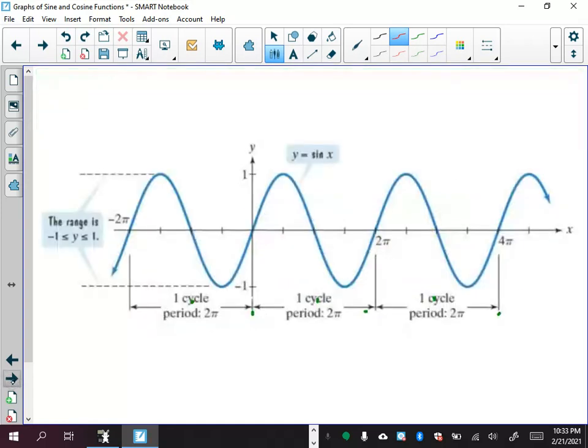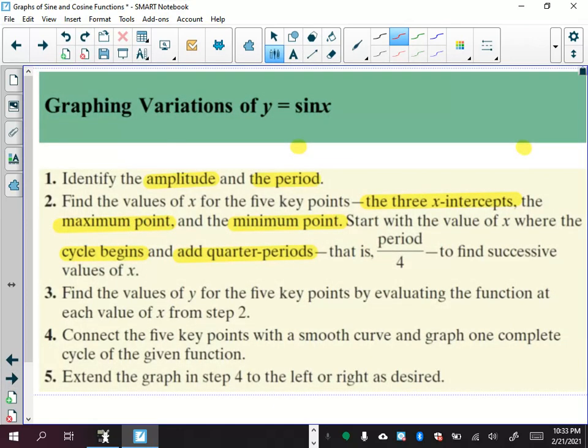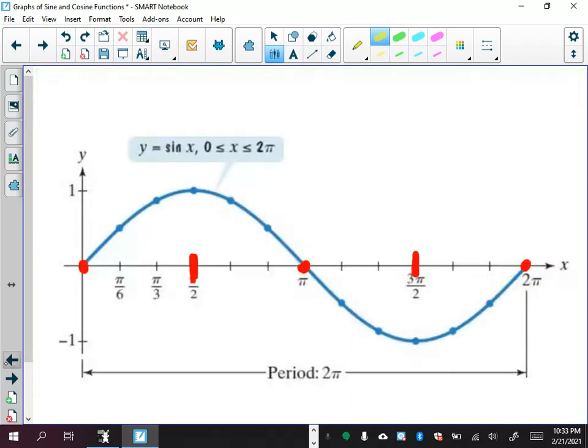So going back. Once you find your 5 points, the 3 x-intercepts, your max point, and your min point, you're going to evaluate the function at each one of those points. In this case, the points are 0, pi over 2, pi, 3 pi over 2, and 2 pi. I'm going to have my function, sine of x. When I plug in 0, sine of 0 is 0.